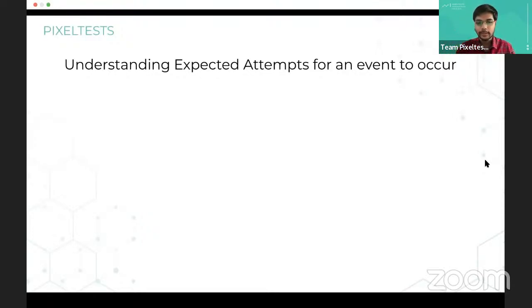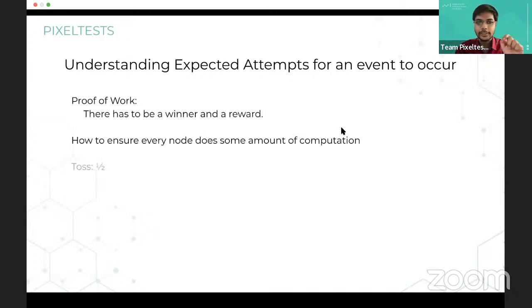For example, if you are tossing a coin, the probability of it being heads or tails is 1/2. If you are rolling a die, the probability of it being one number is going to be 1/6, right?